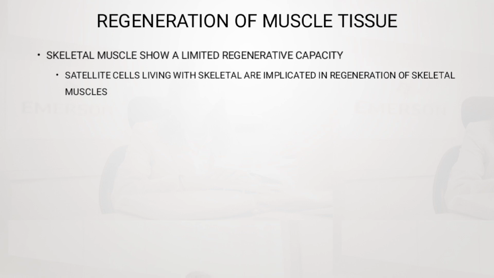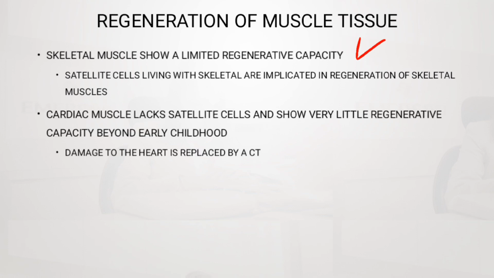Okay, then there is what we call regeneration of muscle tissue. Under regeneration of muscle tissue, you have to know that skeletal muscles show a limited regenerative capacity, and the satellite cells living within the skeletal muscle are implicated in regeneration of the skeletal muscles. Cardiac muscles lack satellite cells and show very little regenerative capacity beyond early childhood.